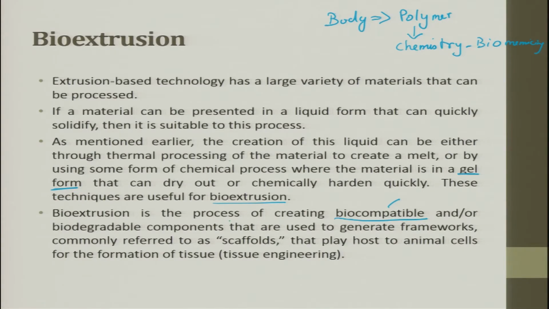So, bio-extrusion is a process of creating biocompatible and or biodegradable components. Why do we call it biodegradable? Suppose you integrate it into your body and it is there for some time, then it should be biodegradable. For example, today they have staplers. If you have a surgery on your skin, it is cut, and earlier we did sutures, stitches, and initially these threads were not biodegradable, then came biodegradable sutures, that is to say threads.